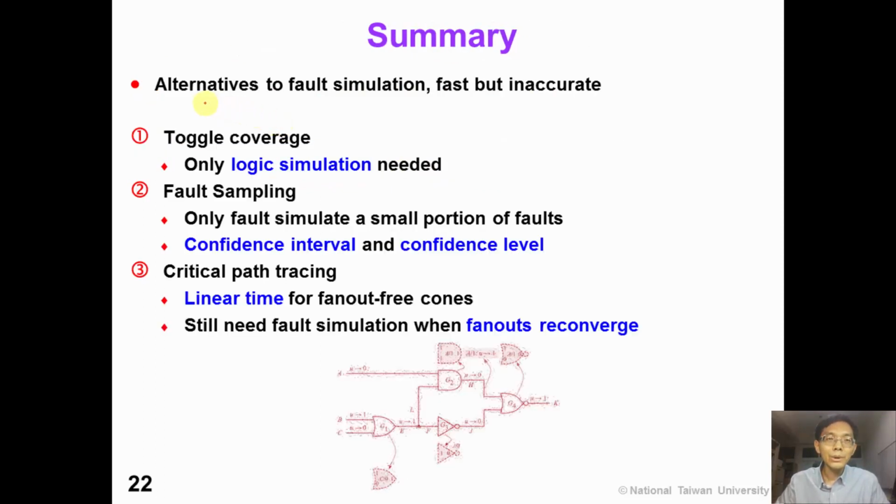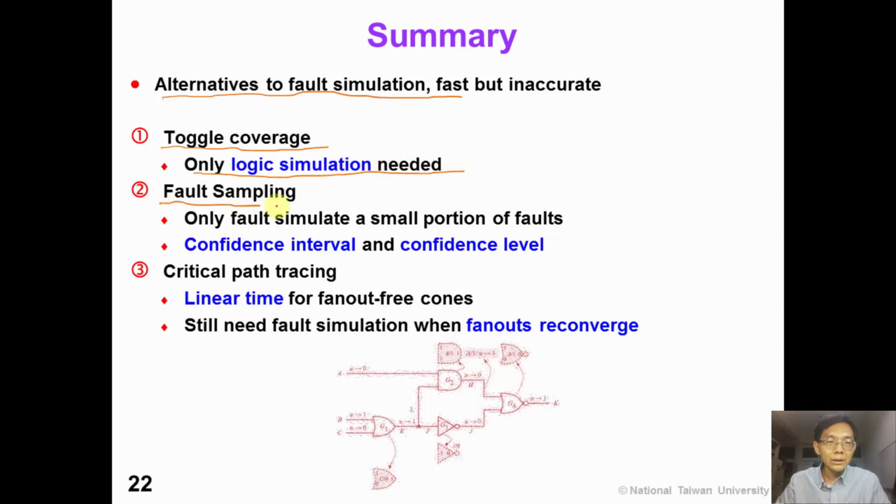So now, in summary, in this video we have shown 3 alternatives to fault simulation. They are fast, but they may not produce accurate results. The toggle coverage is very simple. It can be obtained by logic simulation, and there are 2 different definitions of toggle.